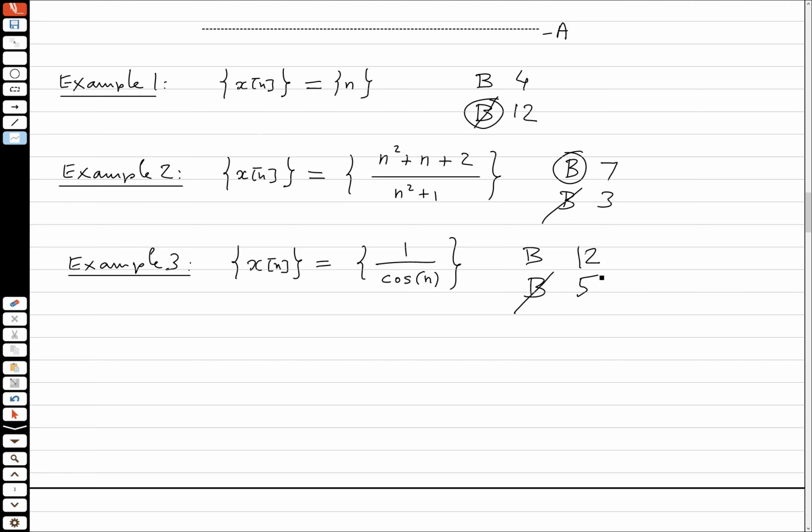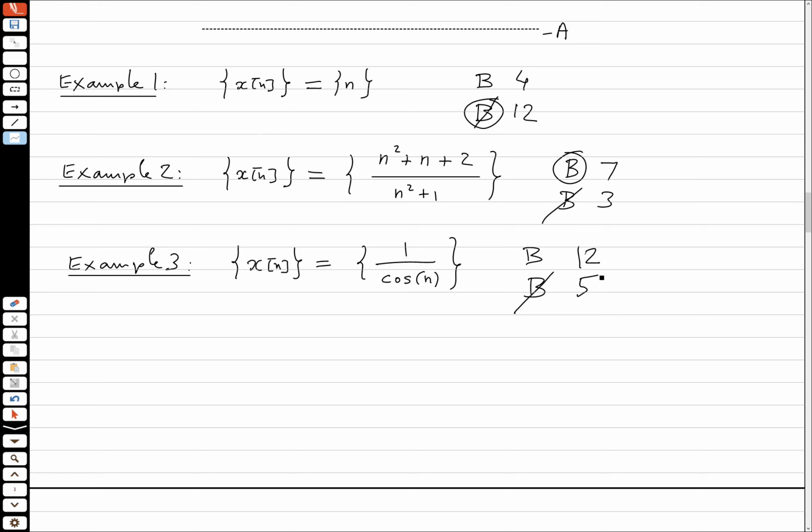As n goes to infinity, 1/cosine n actually gets smaller and smaller. How do you know that? Are you talking about cosine or 1/cosine? 1/cosine. All right, so it looks like it's going to be bounded according to you.